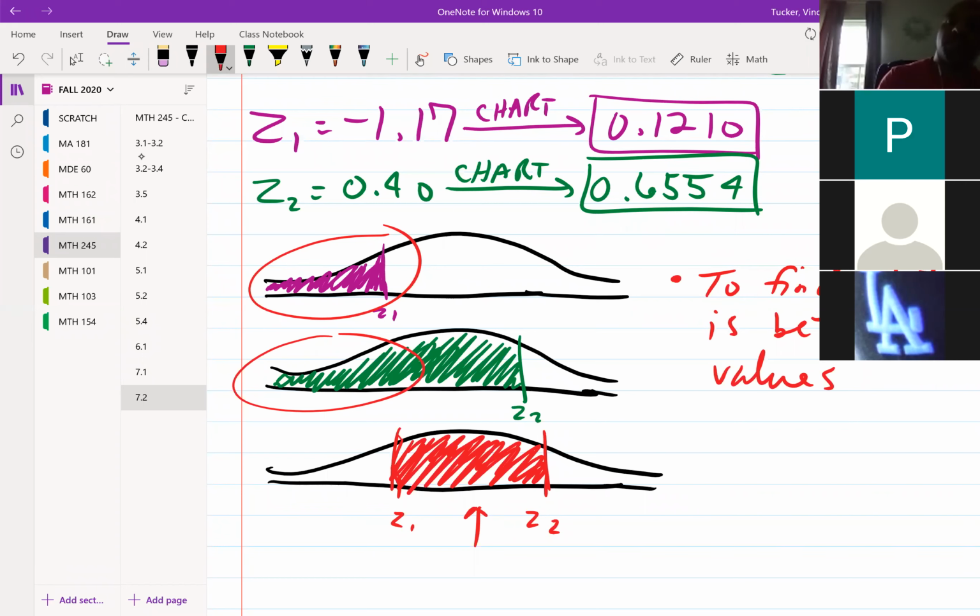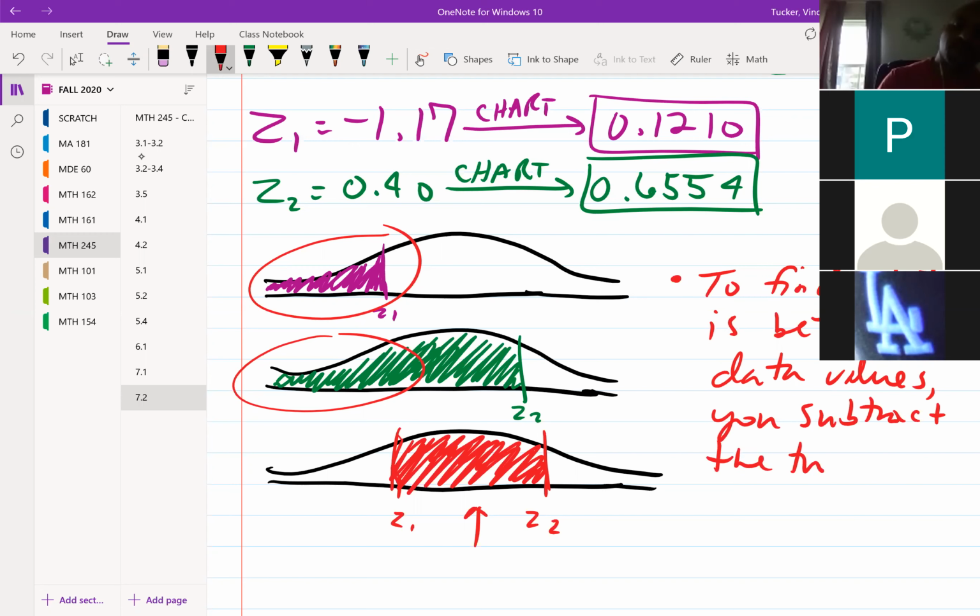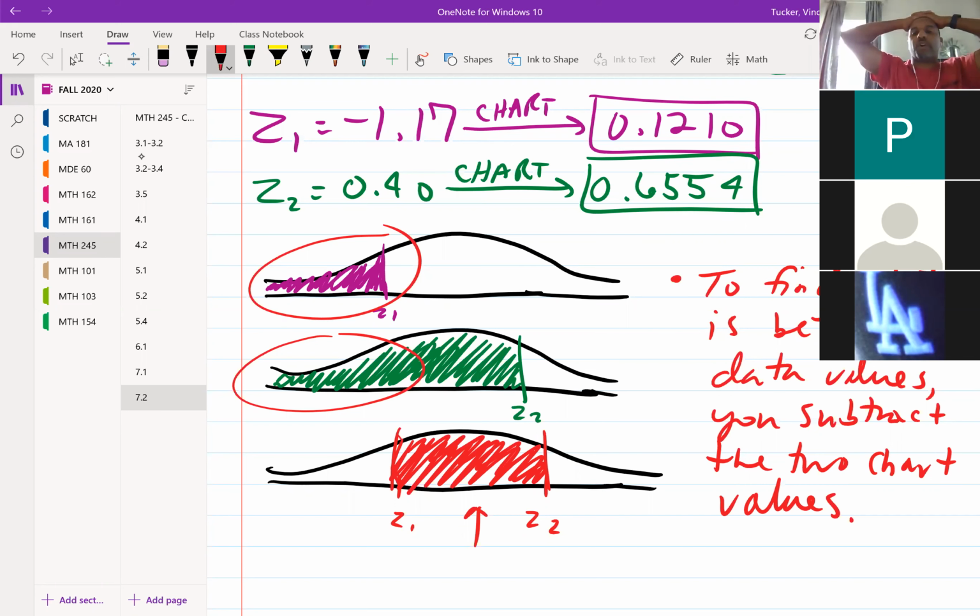So whenever you're doing between data values, to find what's between, you would subtract the two chart values, and make sure we're not subtracting z-scores. We're subtracting the chart values. So be careful with that.